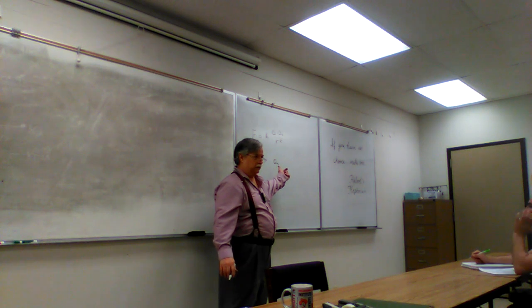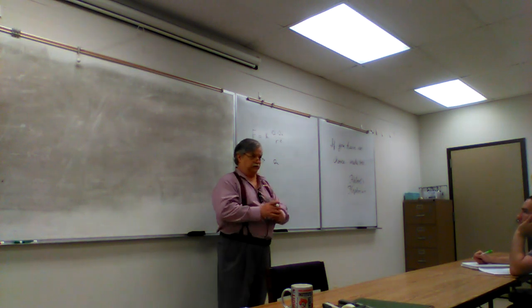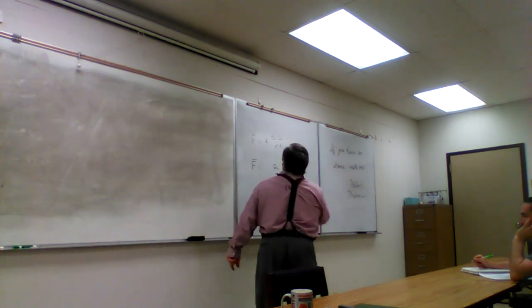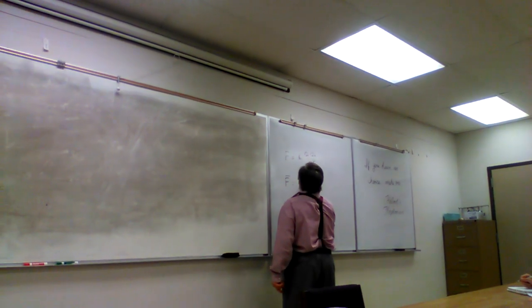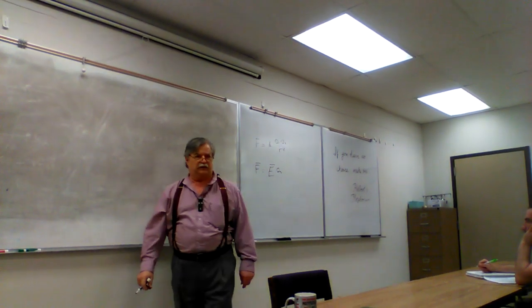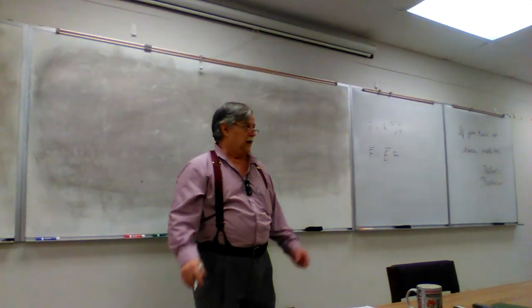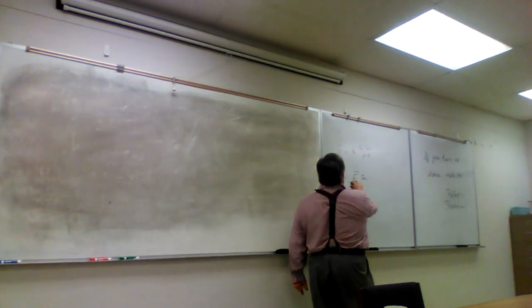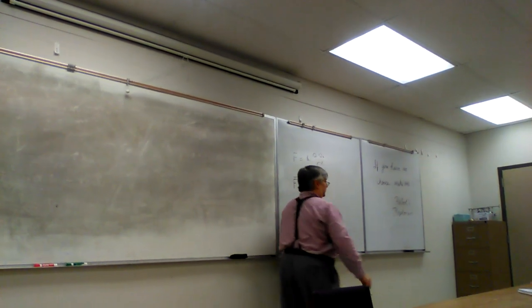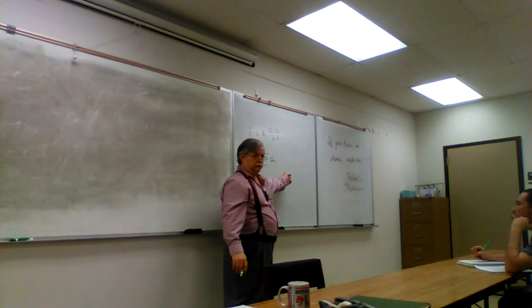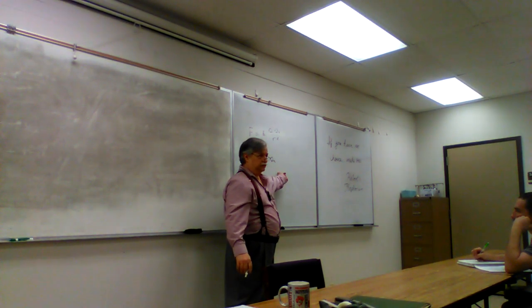It's not a vector quantity. It's a total charge. It has no direction associated with it. That means we have to define this electric field as a vector field, so that the force experienced by Q2 is that vector field times the charge Q2.